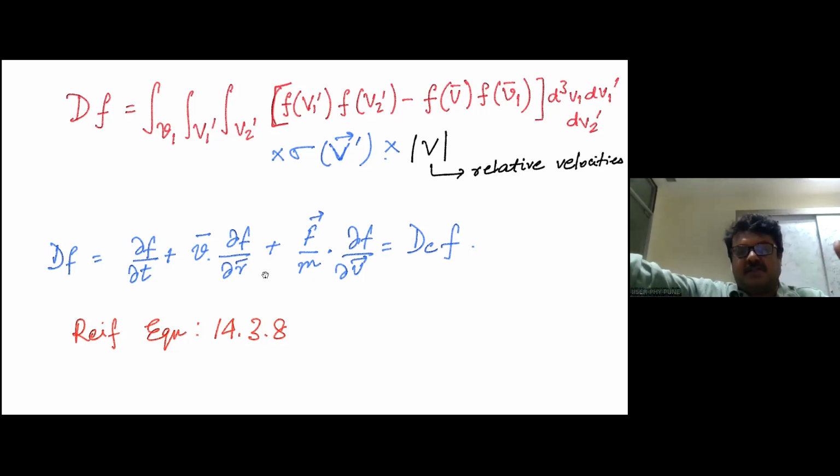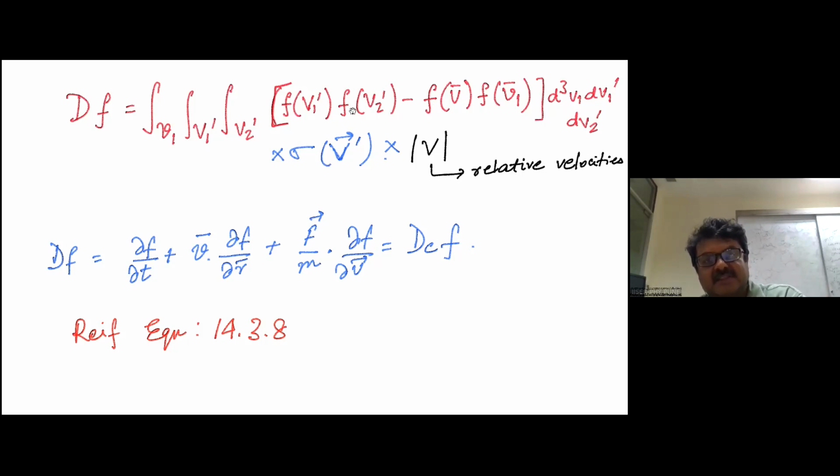And if there were other particles coming in, that would change del f del r, that could change as a function of space. There are other f's coming, so that could change. But due to collisions, the effect would be an integral over v1, v1 dash, v2 dash, and we are looking at the effective change of f(v). f(v1), so this was leading to a decrease.